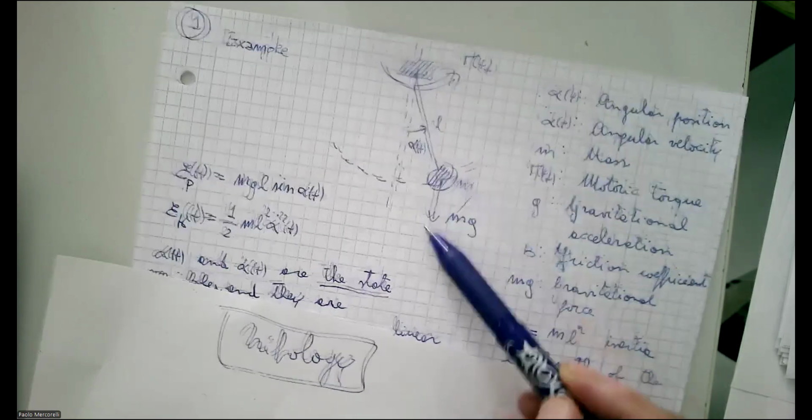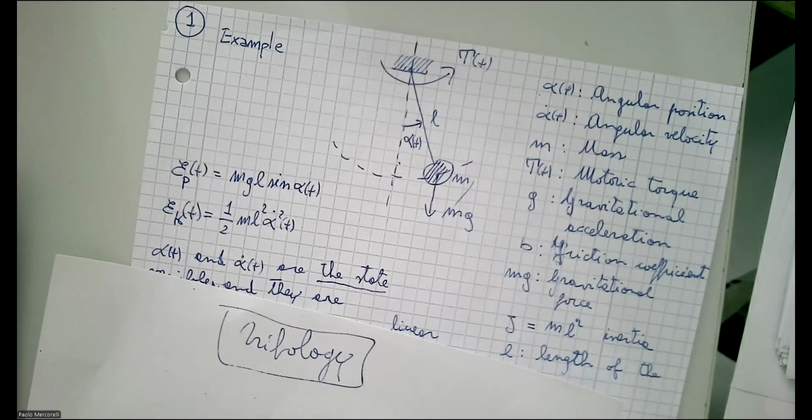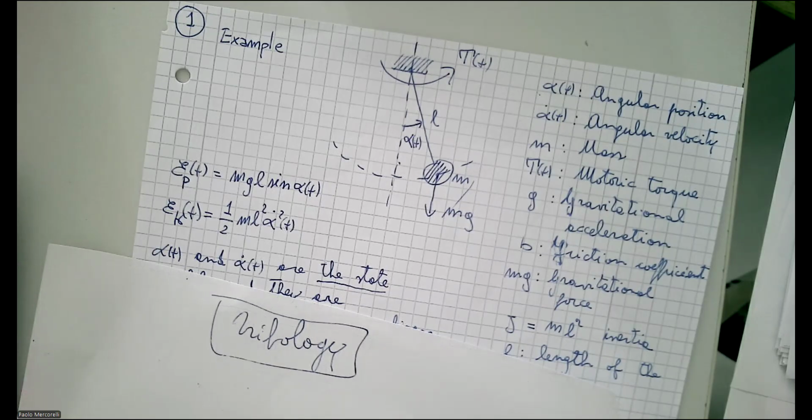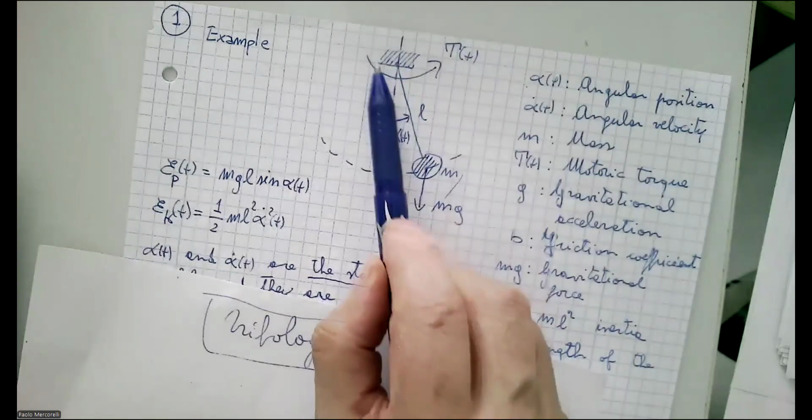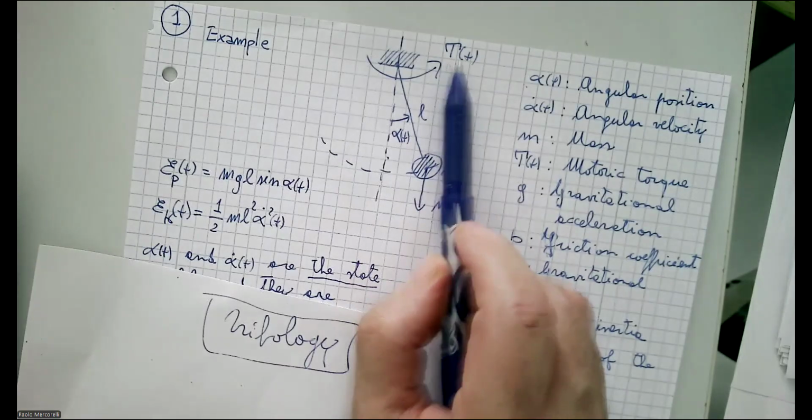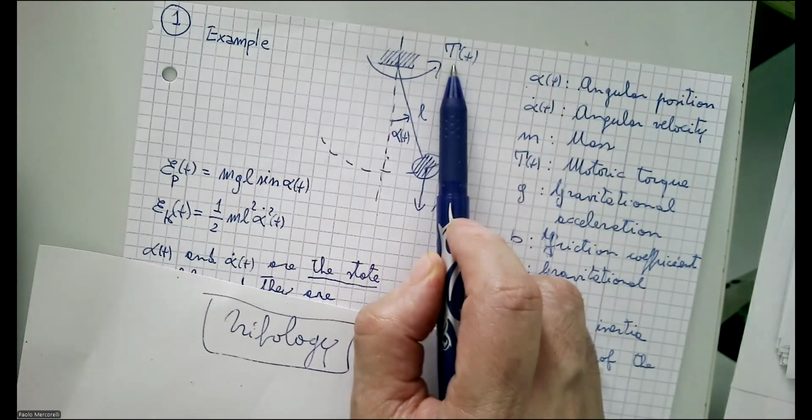Here, why is mg down? Okay, this we can justify also intuitively, in the sense we can imagine that the representation, or the graph, represents the real situation in which the gravitational force direction is down. This means we don't need to think about it, but if you want, we put this positive direction with the positive direction of the input torque.